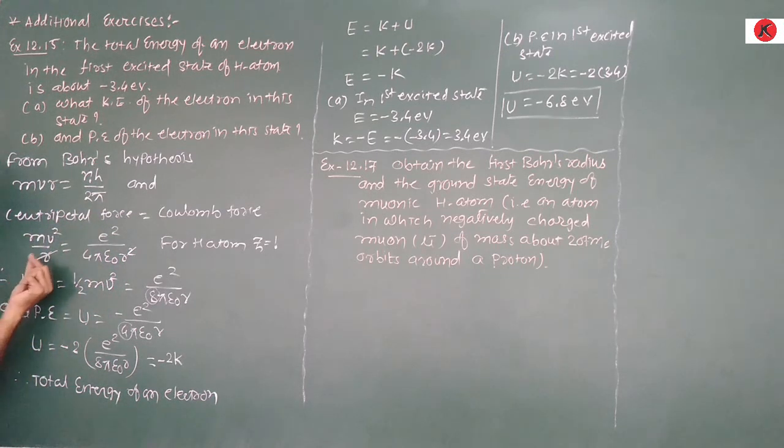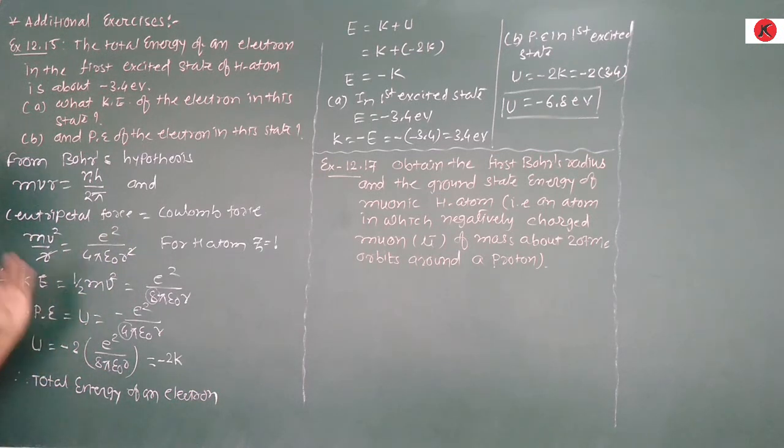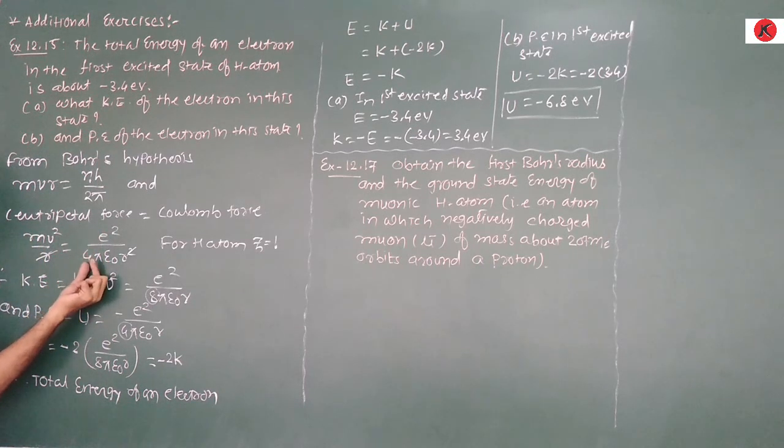Therefore, mv square upon r is equal to e square upon 4 pi epsilon 0 r square. One r cancels. Multiply both sides by half, so the left hand side becomes the kinetic energy: half mv square is equal to e square upon 8 pi epsilon 0 r. That is our equation of kinetic energy.